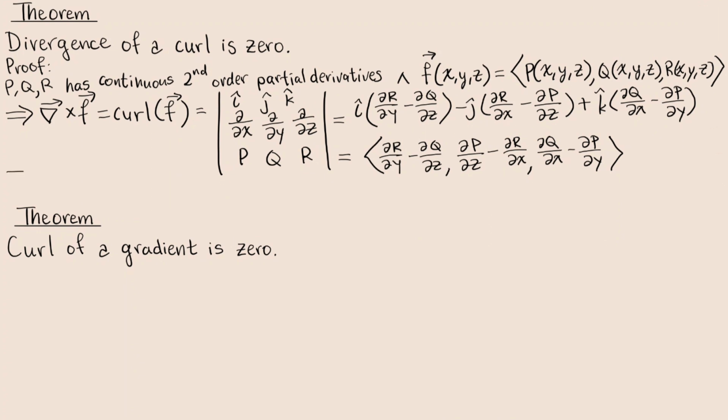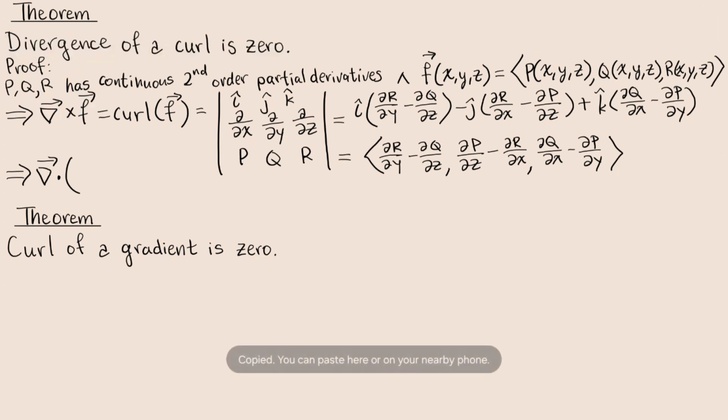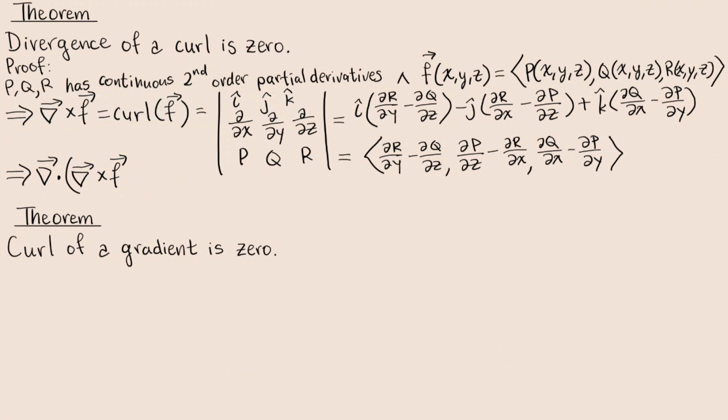All right, and now I've got that. Now I'll need to take the divergence, which is actually the gradient vector dot product with this result right over here. And by the way, this is actually just equal to the divergence of the curl of f.